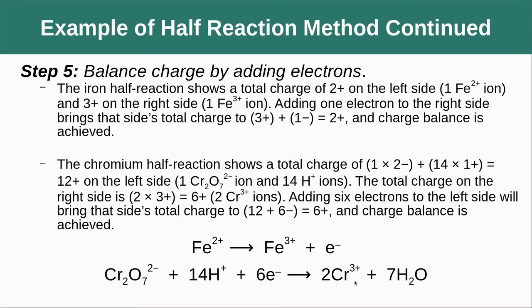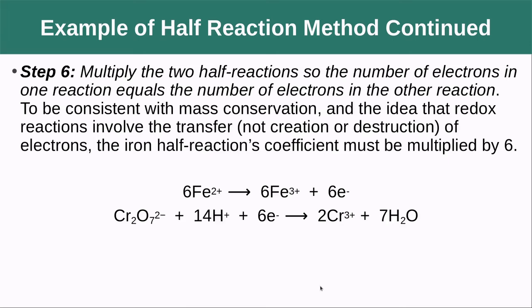To balance that with the +6 on this side, we need to add 6 electrons here. So we have this chunk at +12. Then we're going to -6 from that. So this whole chunk will be +6. And that equals the same as on the right side here.